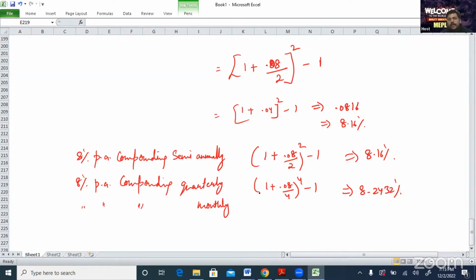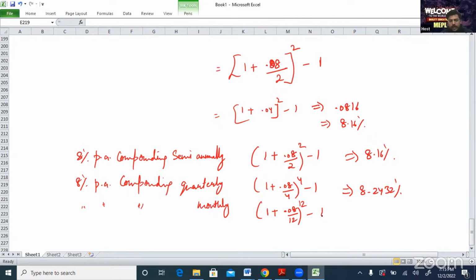Now again, if I say here, this is 1 plus 0.08 divided by 12 raised to the power 12 minus 1. So first I will solve 0.08 divided by 12. It is giving me 0.006667 like this. Then I add 1.